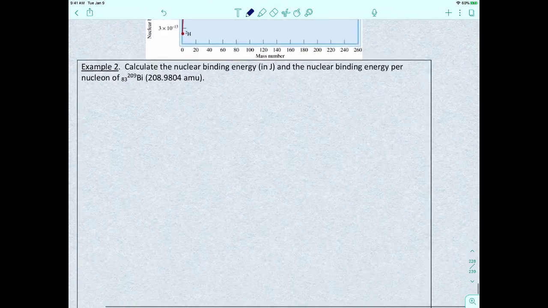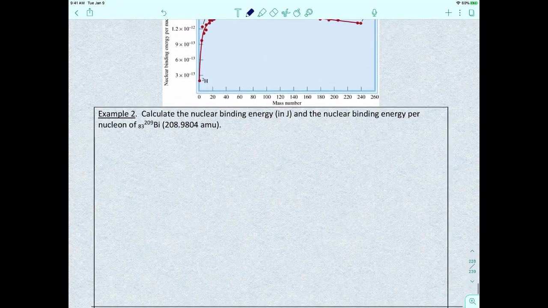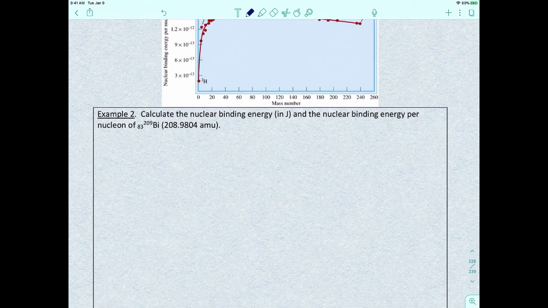All right, so that leads us to our problem. Calculate the nuclear binding energy in joules, and then the nuclear binding energy per nucleon of bismuth-209, which has a mass of 208.9804 AMU.